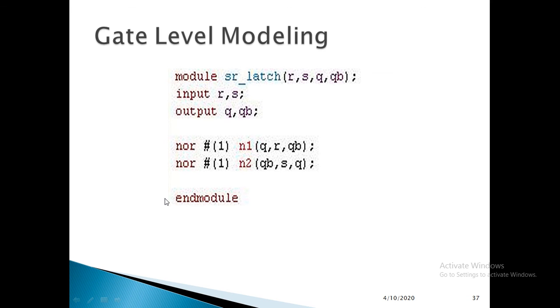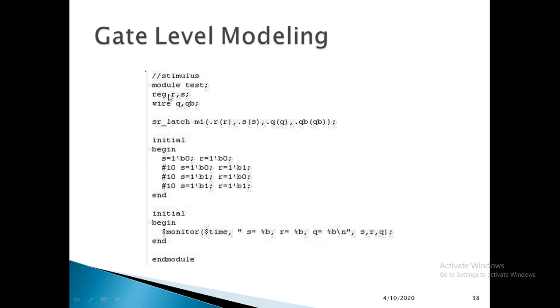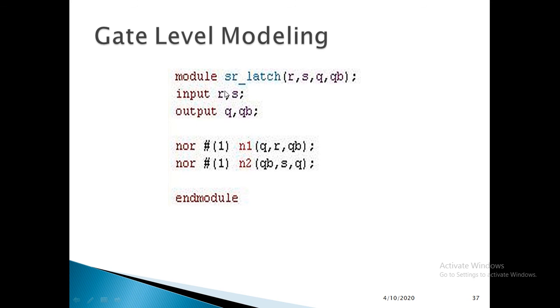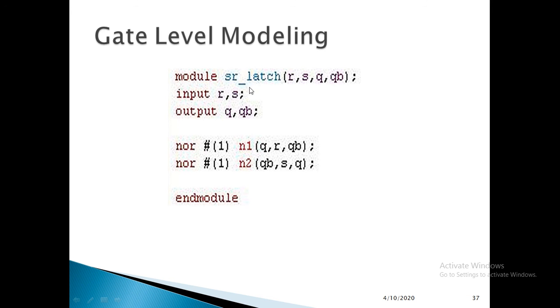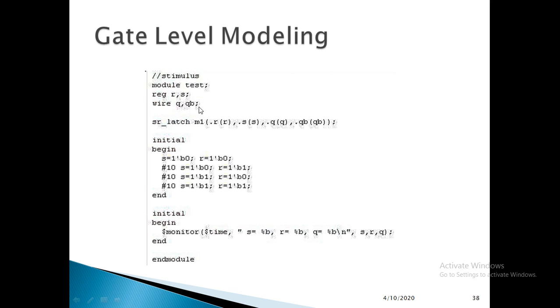In the stimulus, first notice that you don't see any input or output parameter. Here you see inputs R and S in the design, and inputs here in the stimulus.